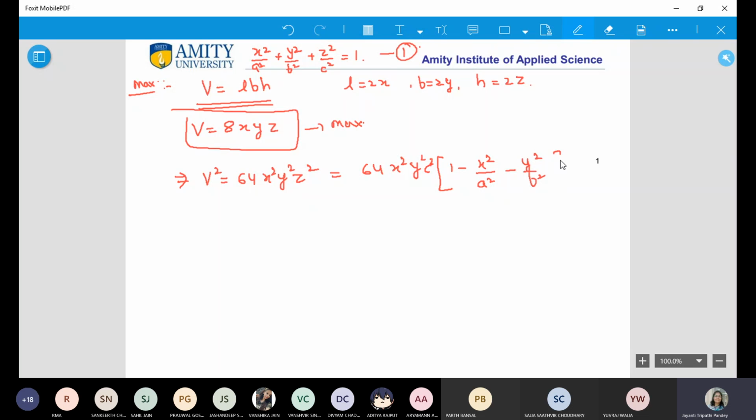Is this fine? Yes, ma'am. We have converted it in two variables. And let this function be f(x,y). So f(x,y) is 64 c square, which is treated as a constant. Then if you want, you can put this x square y square inside.